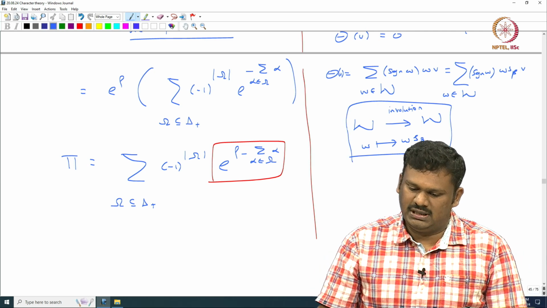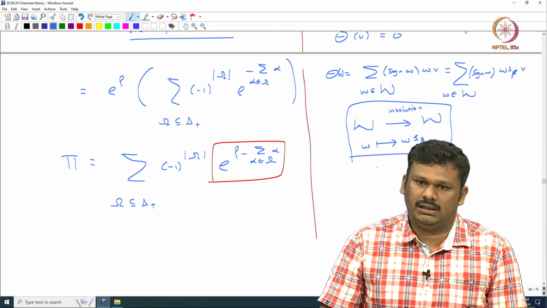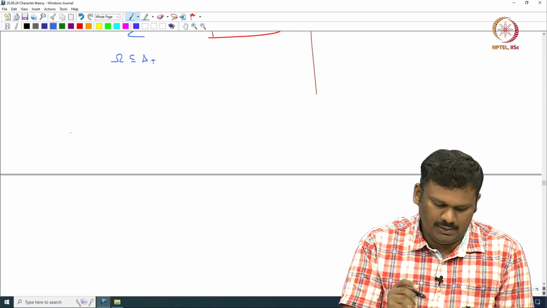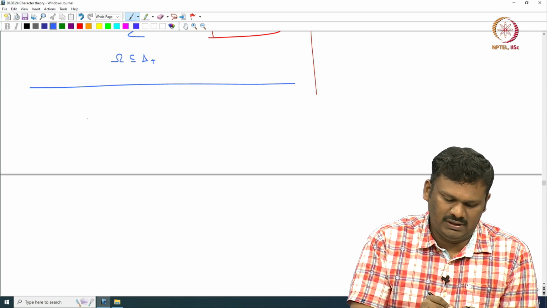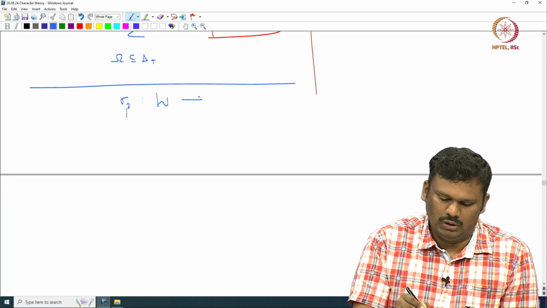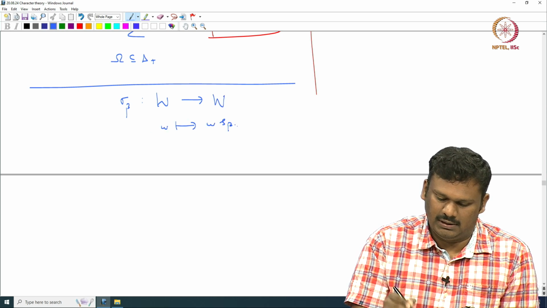So, if you use this involution, then this theta of V can be written over the orbit sum. So, this is indeed the best way of proving something is 0. Okay. So, we have this involution. Let me call that involution sigma beta, which is from W to W. So, this takes W to W S beta.